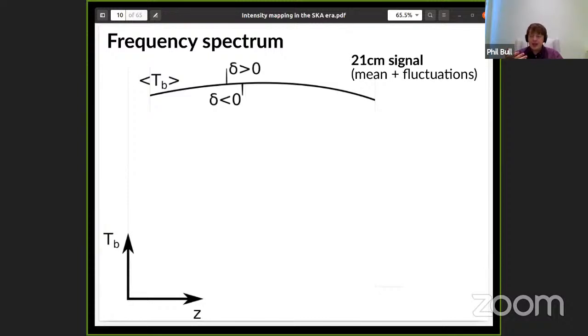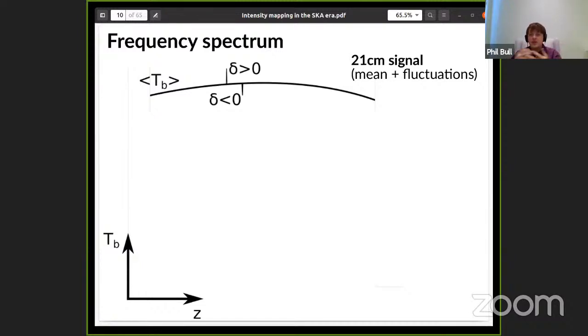And then on top of that, in small pockets, small different regions of the universe, your density of stuff, of dark matter, might be a little bit lower than average. So that would be a negative value of the density contrast delta, or a little bit larger than average, that would be a positive value of delta. And because in regions where you have less stuff, delta is negative, you have less neutral hydrogen, that means you have less 21 centimeter emission, and so you'll see a dip in the spectrum there.